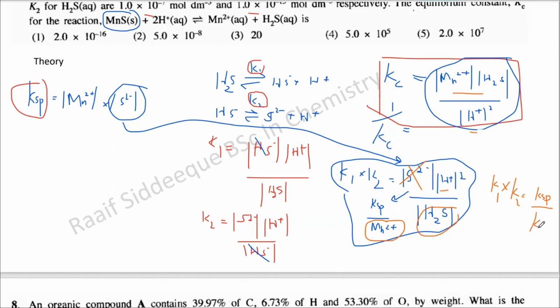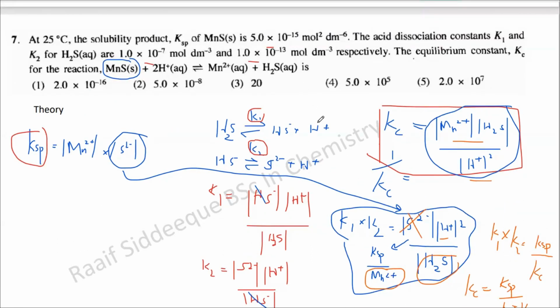So automatically you will get Kc is equal to Ksp over K1 times K2. So finally we have a solution here. This becomes in fact straightforward. You just have to multiply these and get the answer.